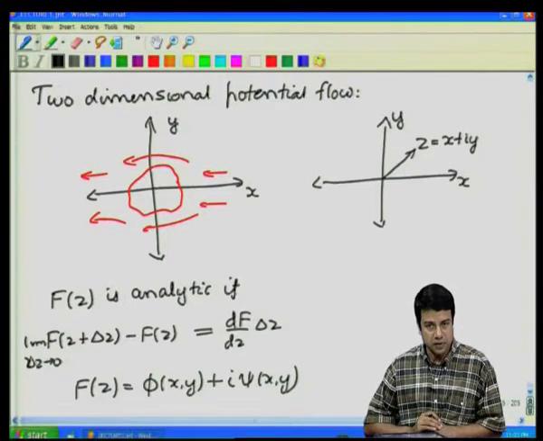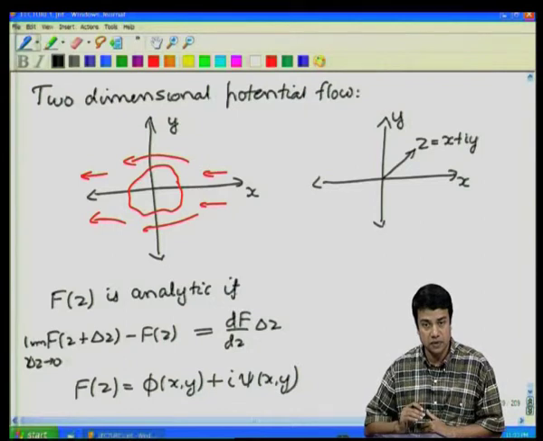And these two, real part and imaginary part, have to be related, or the partial derivatives with respect to x and y have to be related if the function f is analytic.